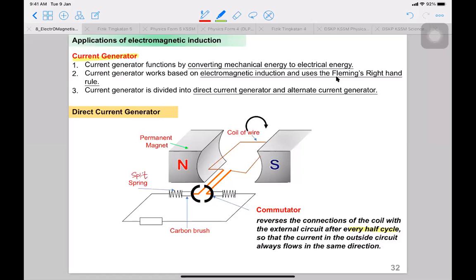When the coil is in what position? Now the coil is in a horizontal position kan. So bila itu yang dikatakan sebagai half cycle. Okay, bila dia dalam keadaan vertical, right? Bila dia dalam keadaan vertical.